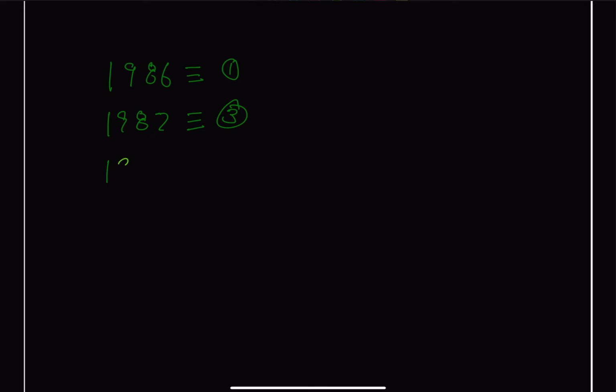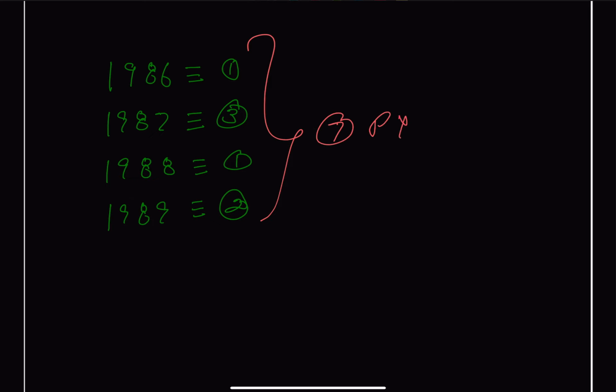From the year 1988 we are having one question, and from the year 1989 total number of questions are two. So in totality we are going to solve 7 questions.